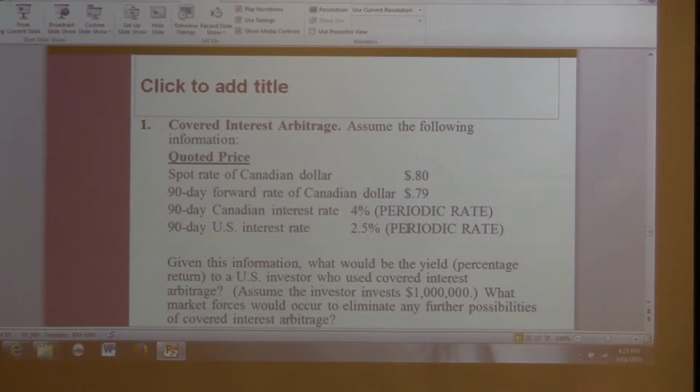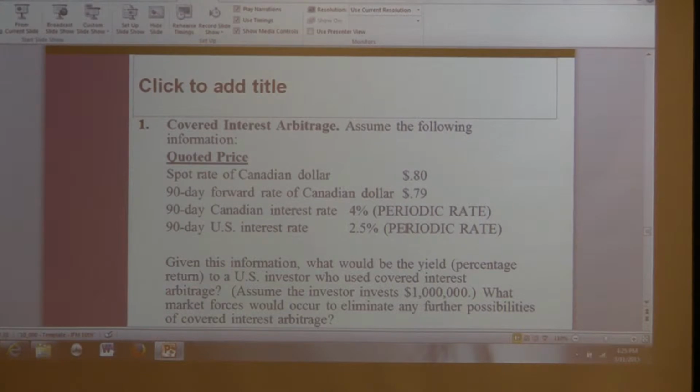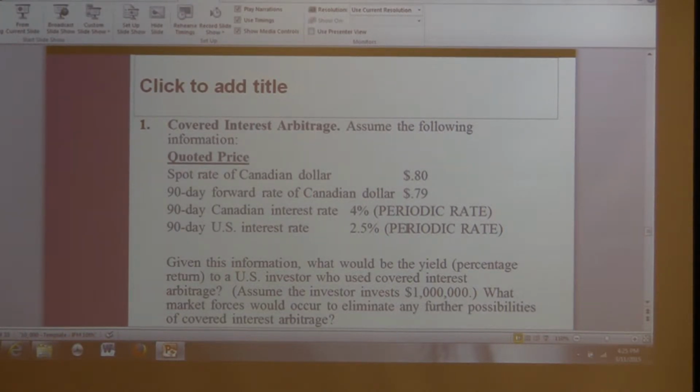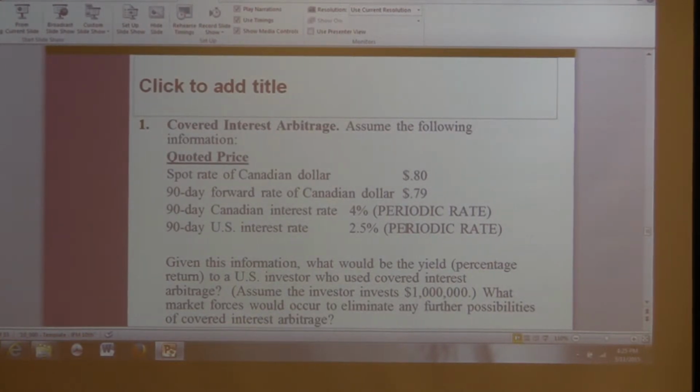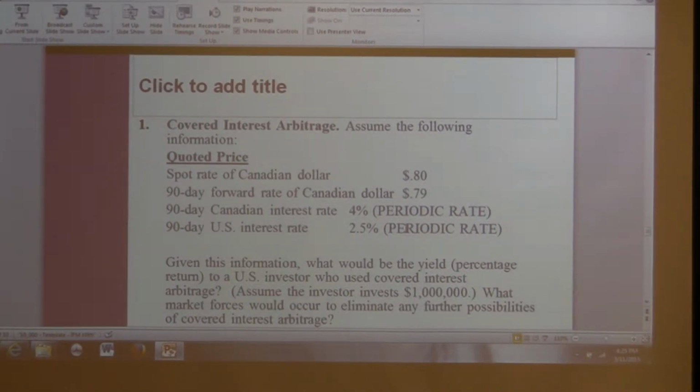So at time t equals 1, okay? What would be the amount? 1,300,000. Okay.